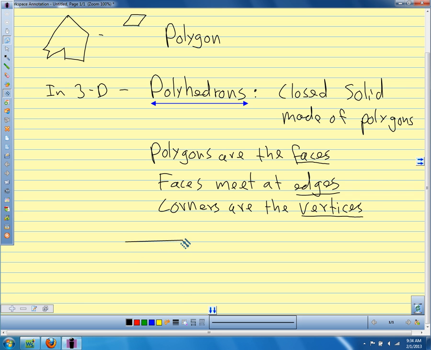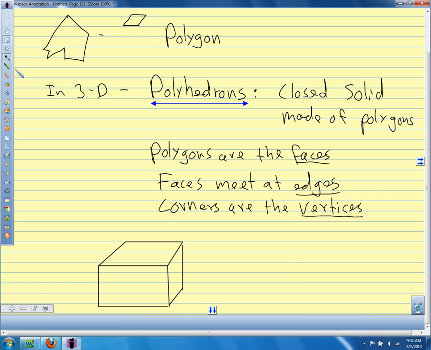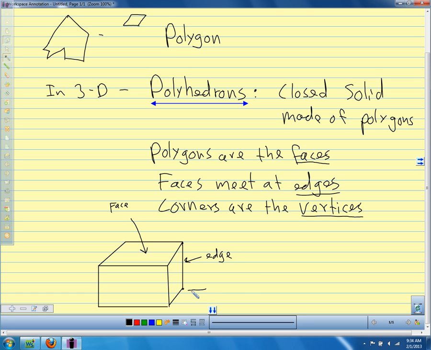So here's my polyhedron. This would be a face. This would be an edge. And each corner would be a vertex.